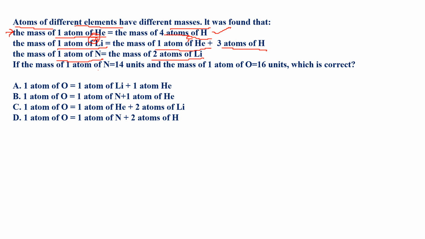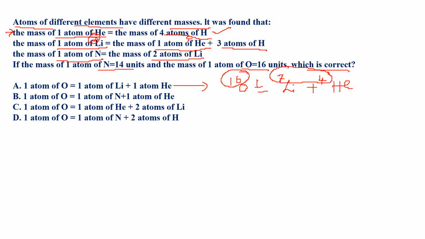Now, the mass of one atom of nitrogen is given and oxygen mass is also given. So he is asking which one is correct. Suppose we go through option A. Oxygen atomic mass is 16, that is equal to one atom of lithium, that is 7, plus one atom of helium. Now you tell me, both are equal? The total weight is 11, and here 16.